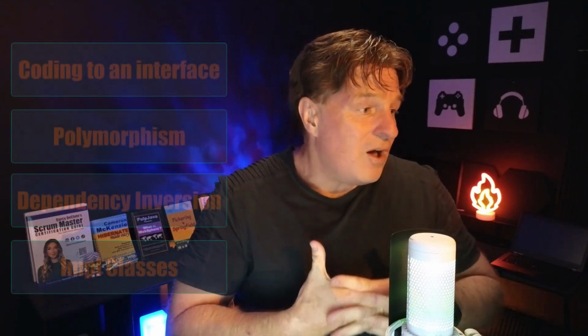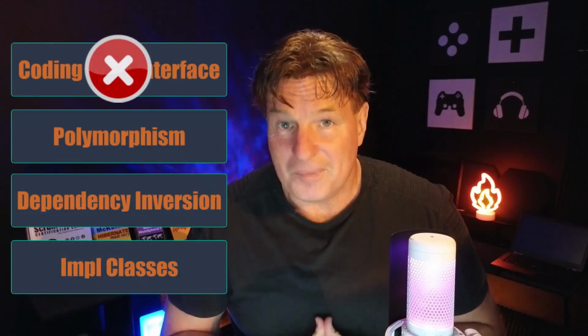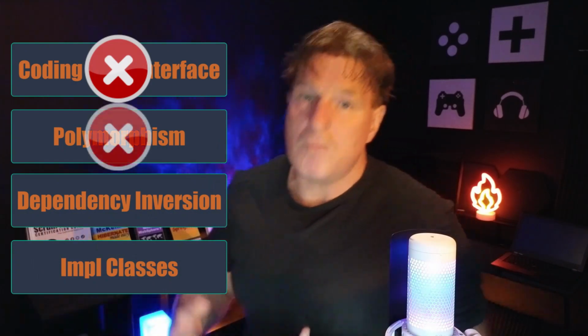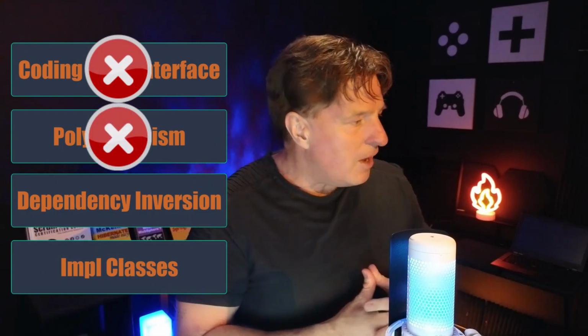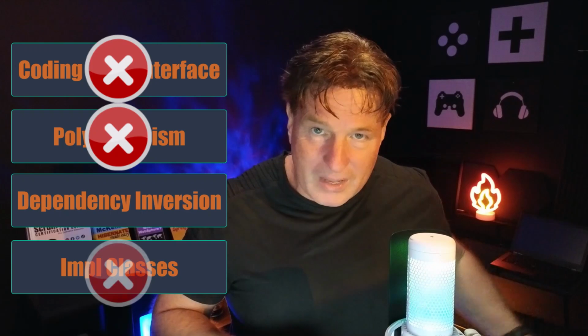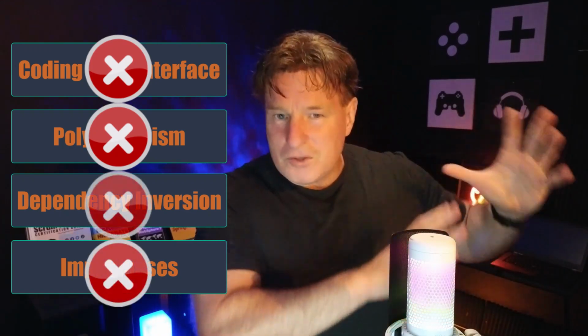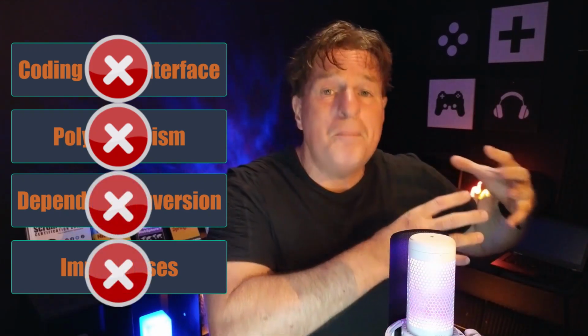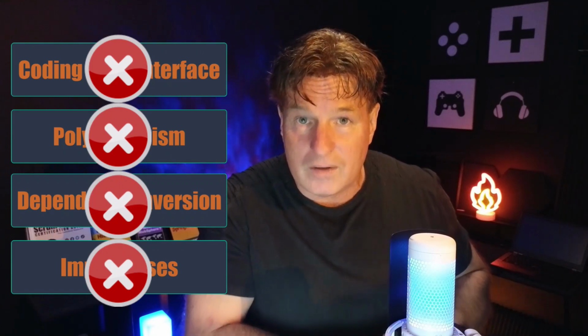And another thing I just want to emphasize, in this whole discussion here, I didn't once talk about coding to an interface. I didn't once talk about polymorphism. I didn't once talk about creating impl classes. All of those things are great. All of those things are important in the world of software development.